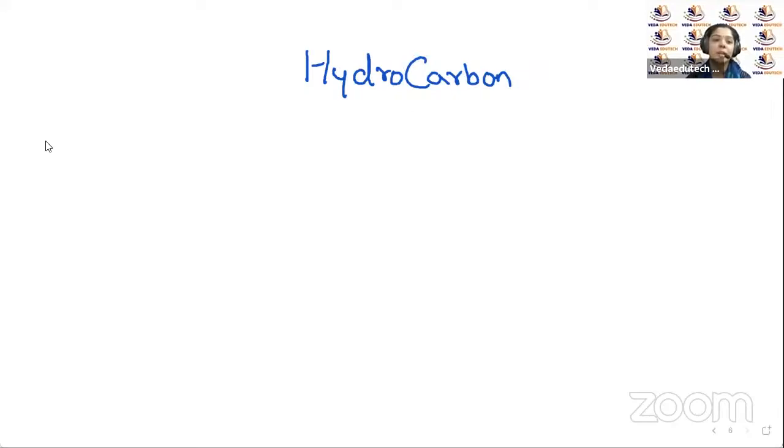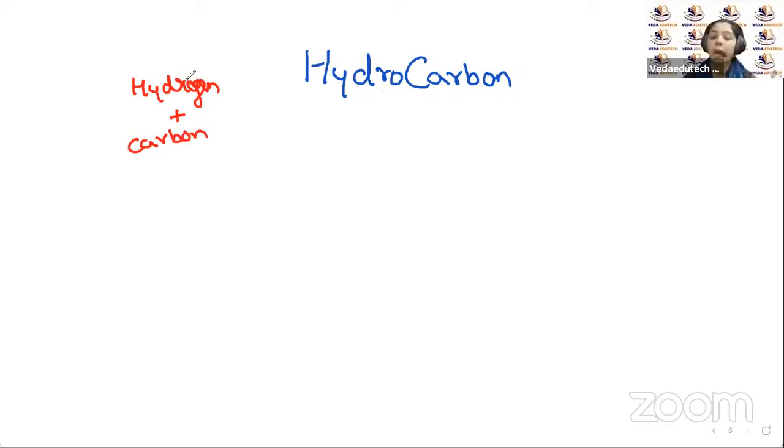Hydrocarbons are the compounds which are made up of hydrogen plus carbon.